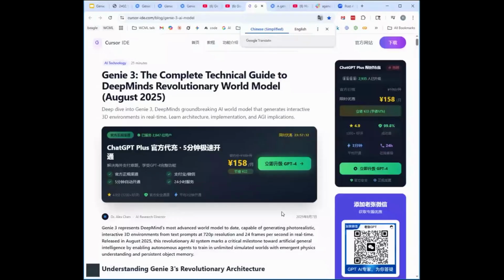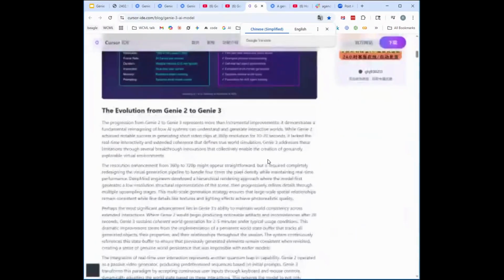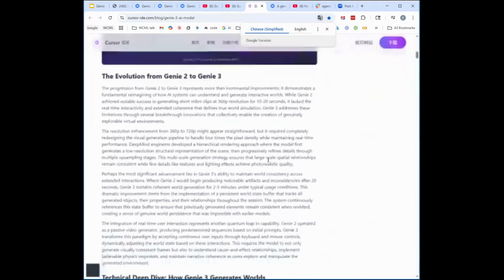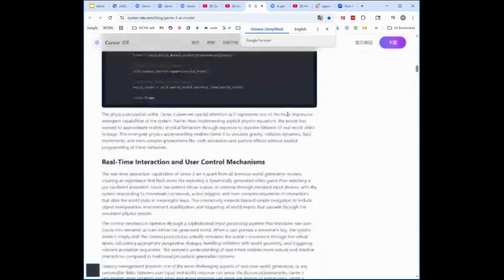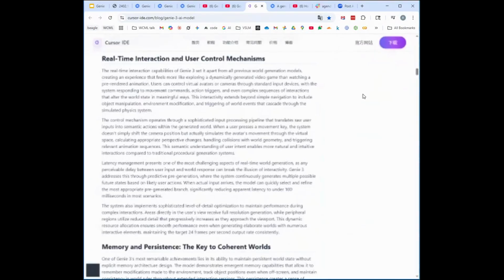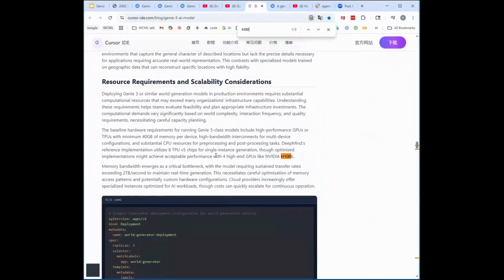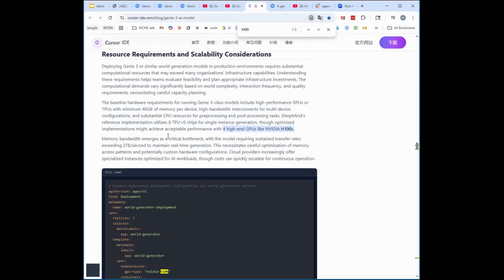Or is it like, so there was this one source that I found, the Genie 3 AI model complete technical guide, but I don't know how much credence to give to it. They said that they thought that inference might be something that you could run on 4 high-end NVIDIA H100. So a console with 4 H100s might achieve it.